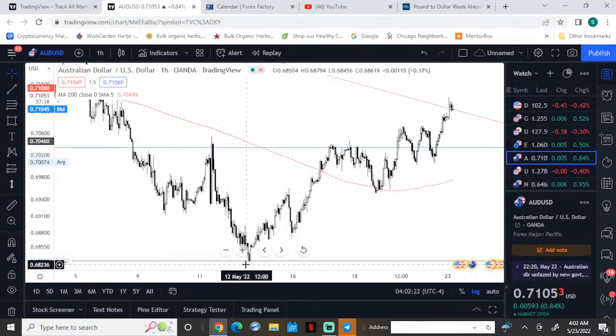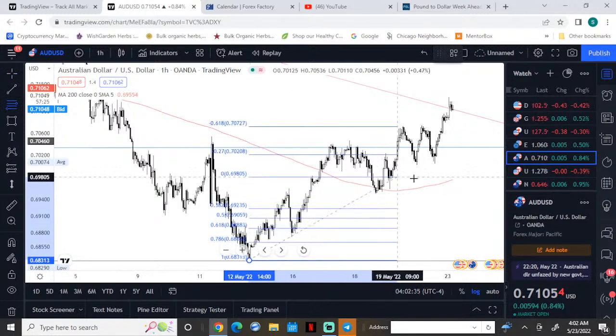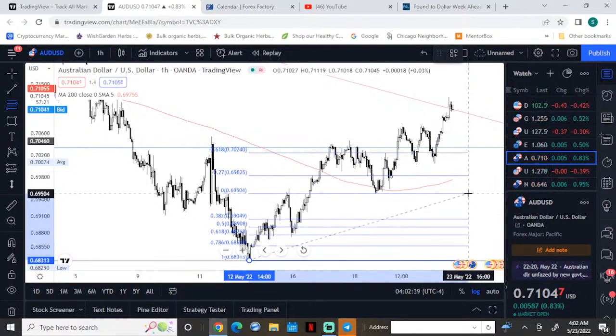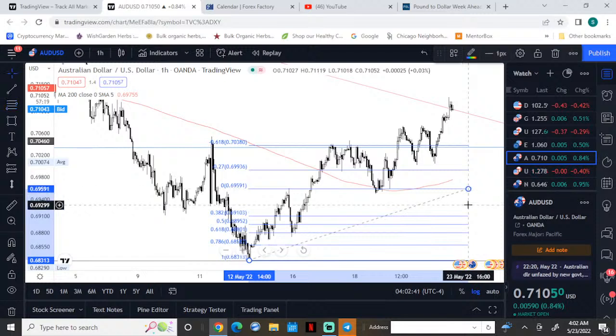So we had a point A and a point B right here for this fib, and I do believe this fib had already completed. There, it did.